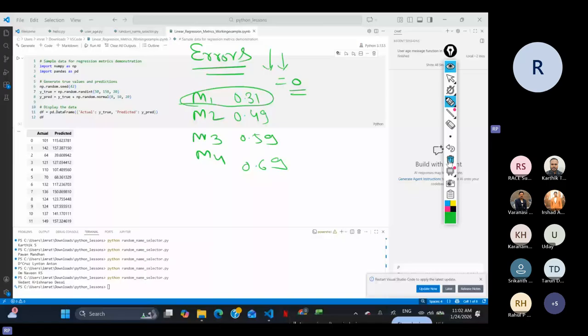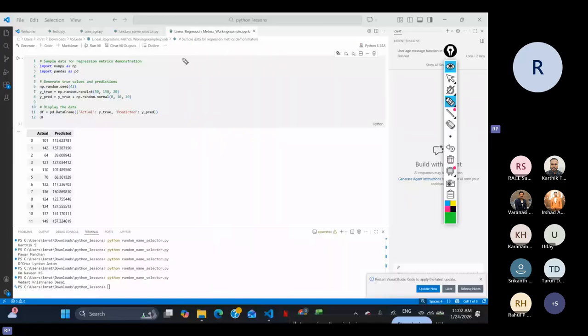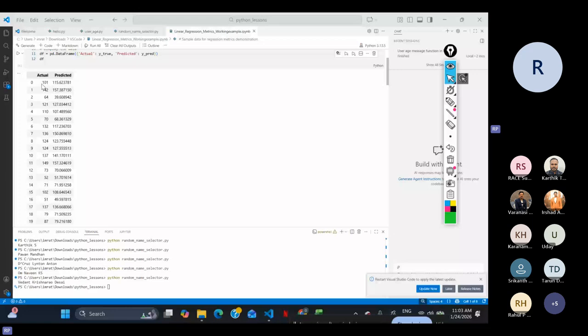But the $1,000,000 question is, okay, you just spoke about error, but how do we really define the error, right? So that's where some of these metrics are going to come in. If you just pay attention on the screen, we're just generating some random numbers, right? Let's say we have generated these random numbers on, I don't know, what makes sense? 101, 142.